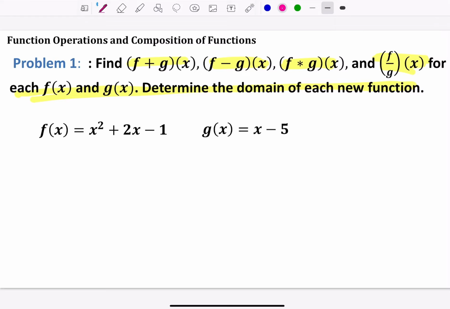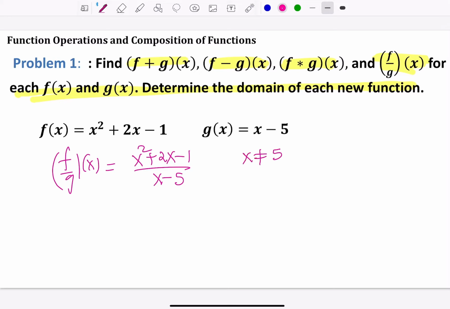And if we have a denominator, we want to make sure the denominator does not equal 0. f over g of x would be x squared plus 2x minus 1 over x minus 5. And as long as x is not equal to 5, that's okay. So our domain in this case would be negative infinity to 5, union 5 to infinity. Other than 5, every other x value is allowed. Every other x value will give us a real output value.